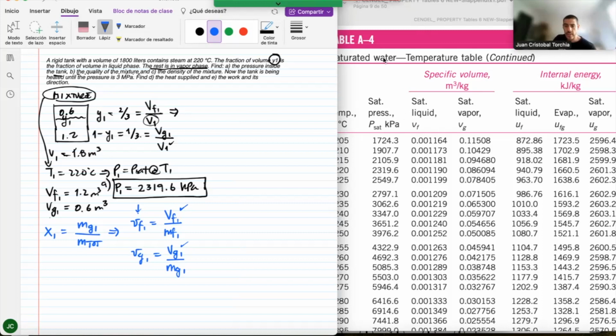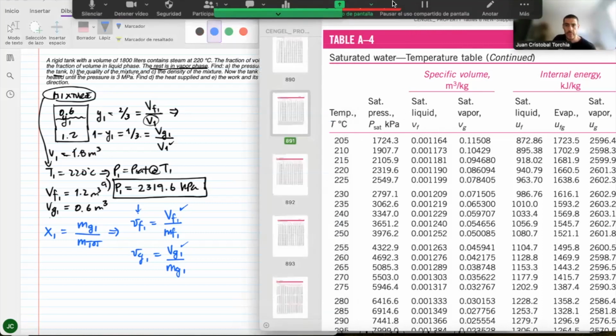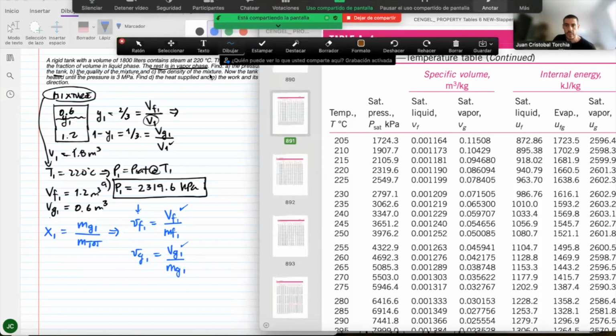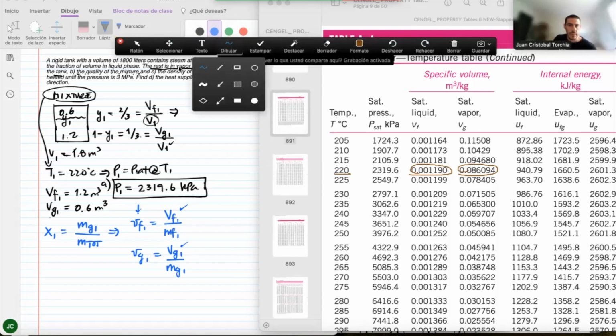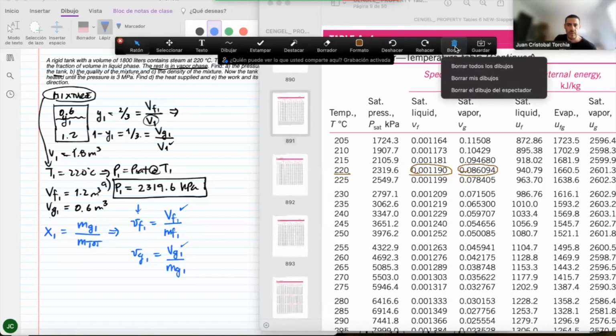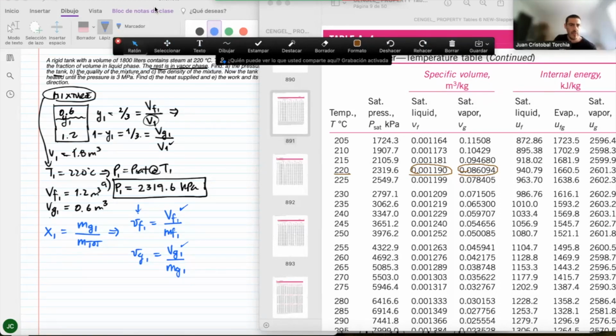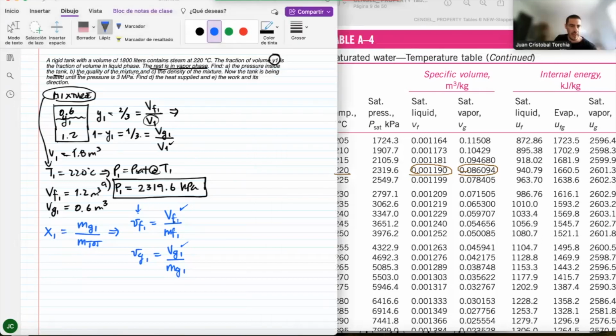So at 220, I have vf1 and vg1. Those are my values. I'm not going to write them, to save a little time. You already know them and can write them yourself. Then what I'm going to do is calculate.